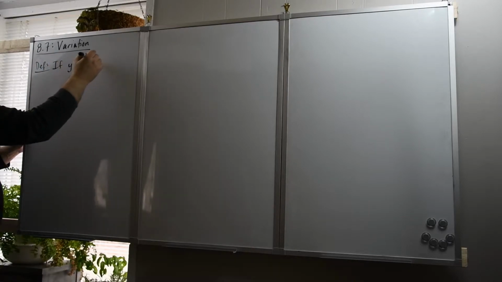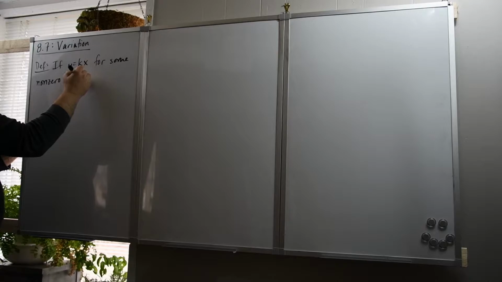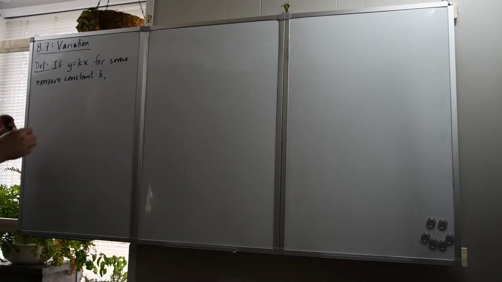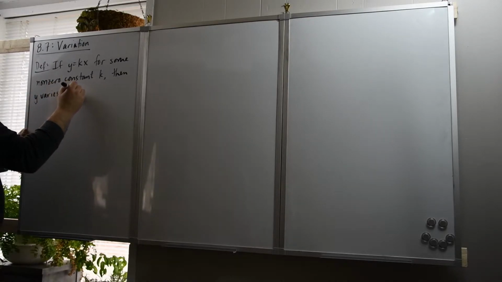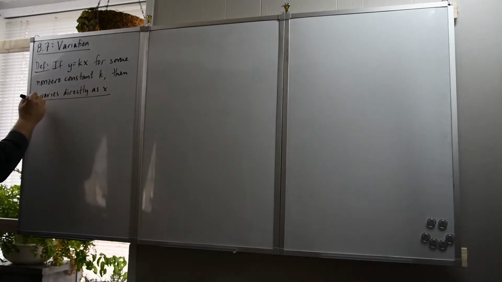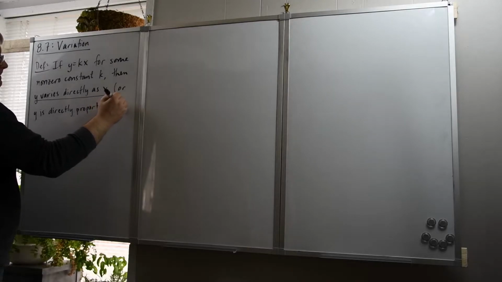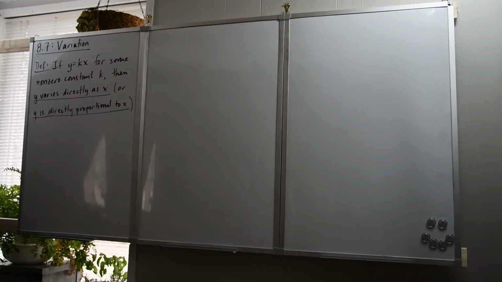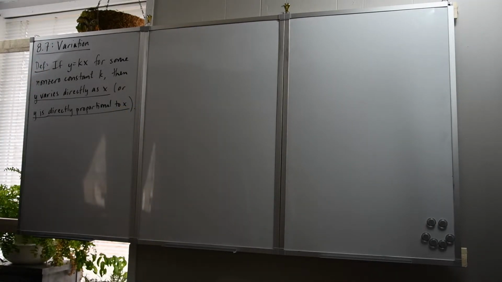Let's say we have Y is equal to K times X for some non-zero constant K. Then we say that Y varies directly as X. Or we could say that Y is directly proportional to X. Now, this K is what we refer to as a constant of variation or a constant of proportionality.